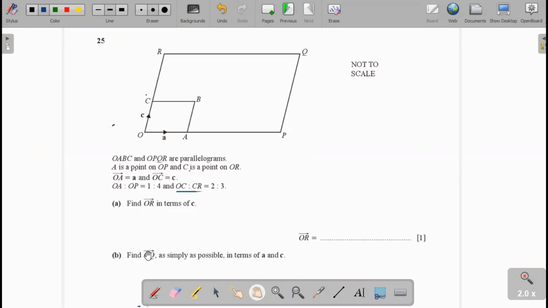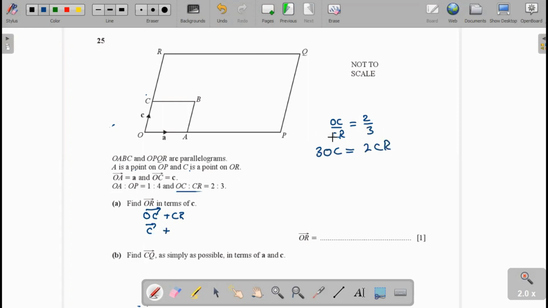We have to find OR, where OR is equal to OC plus CR. OC is small c, and for CR we use the ratio OC over CR, which is 2 over 3. We can write 3 OC equals 2 times CR.